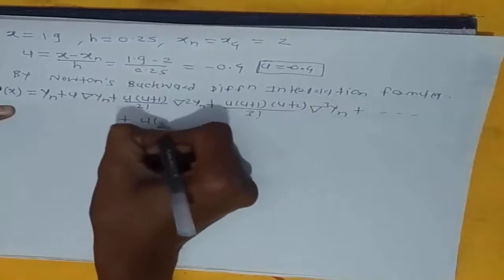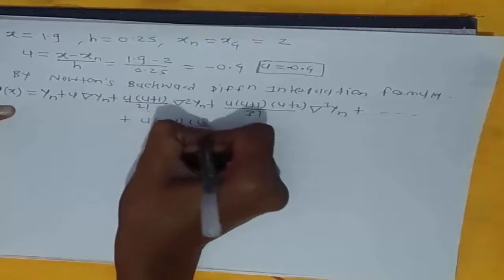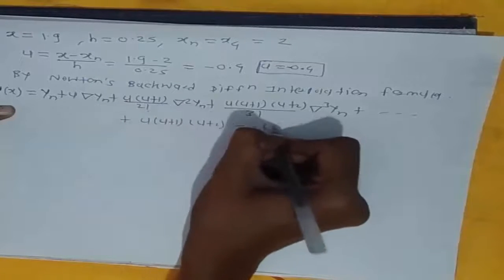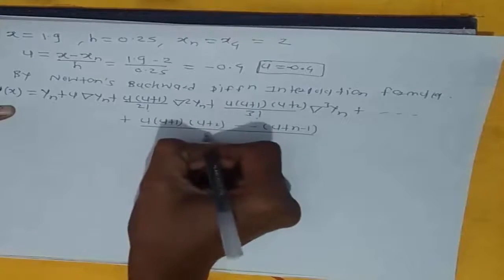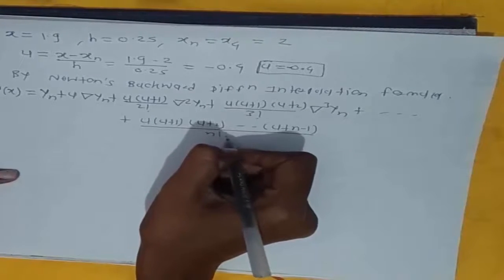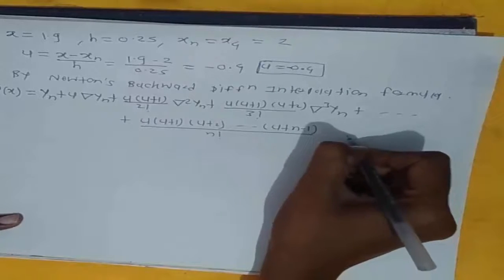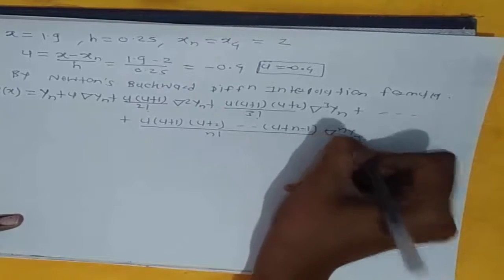We write the last term, the nth term, as u into u plus 1 up to u plus n minus 1 divided by n factorial, into del raised to n yn.